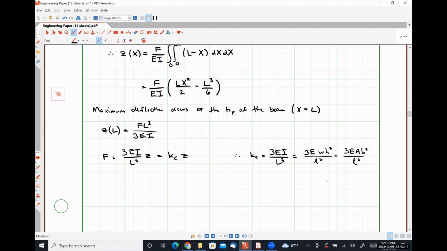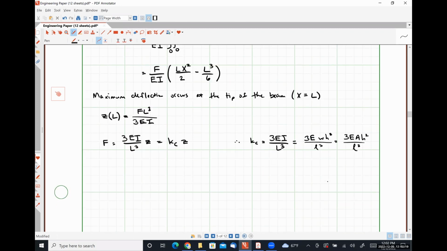The angle at which the beam deflects. So the angle of beam deflection with respect to rest position is going to be given as theta of x.